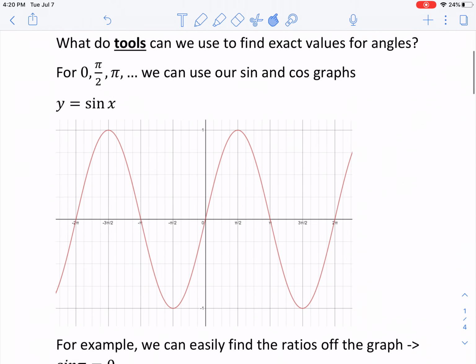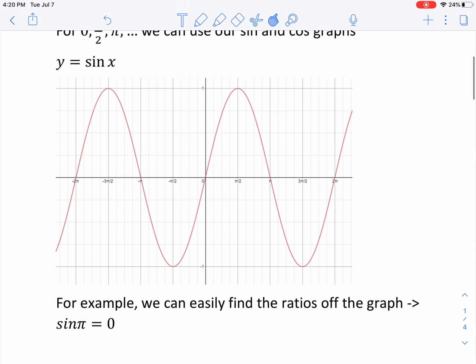So for example, if I have sine of pi I'm looking for, I go to my sine graph and I go to where theta equals pi, and that gives me a y value of 0. If I wanted to know sine of 3 pi by 2, that would give us a ratio of -1.